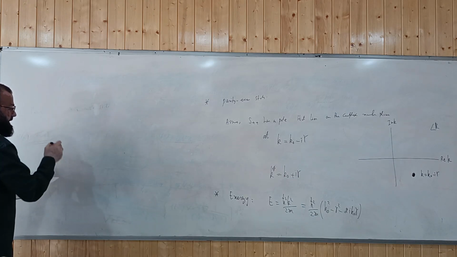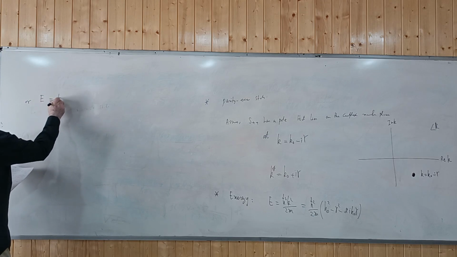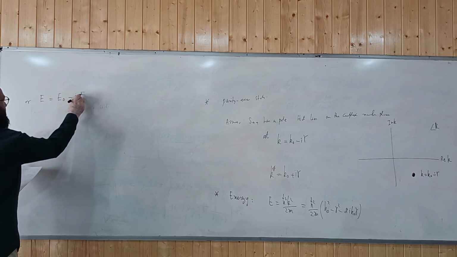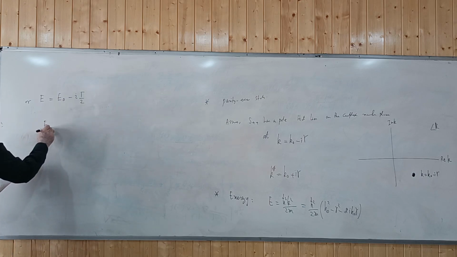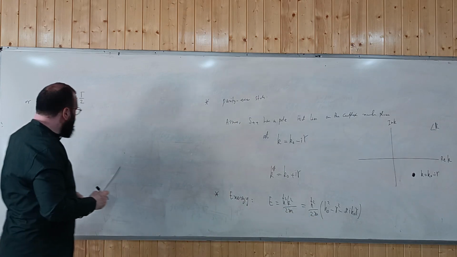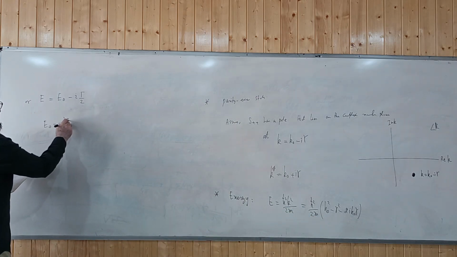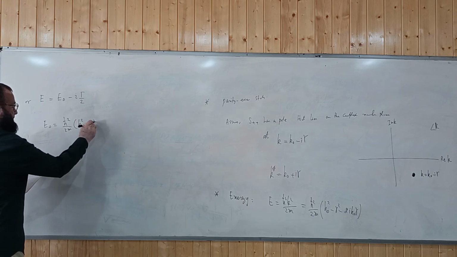So in other words, I can write this E as some E naught minus i gamma by 2. What will be E naught? It is the real quantity out of this thing. Let's calculate E naught. It is simply h cross squared by 2m times k naught squared minus gamma squared.